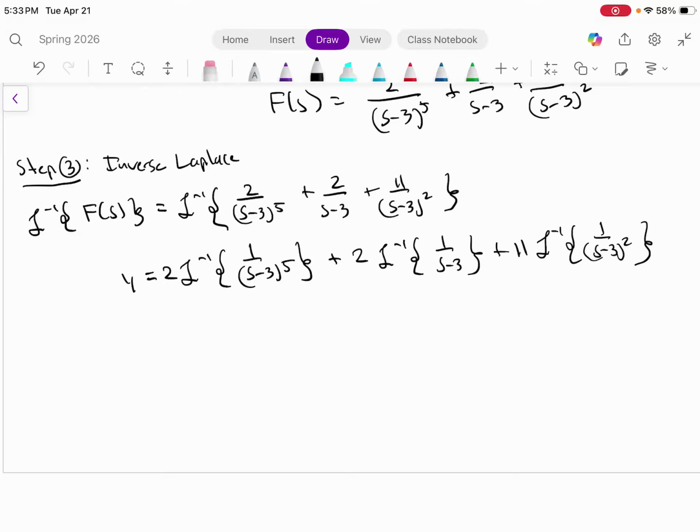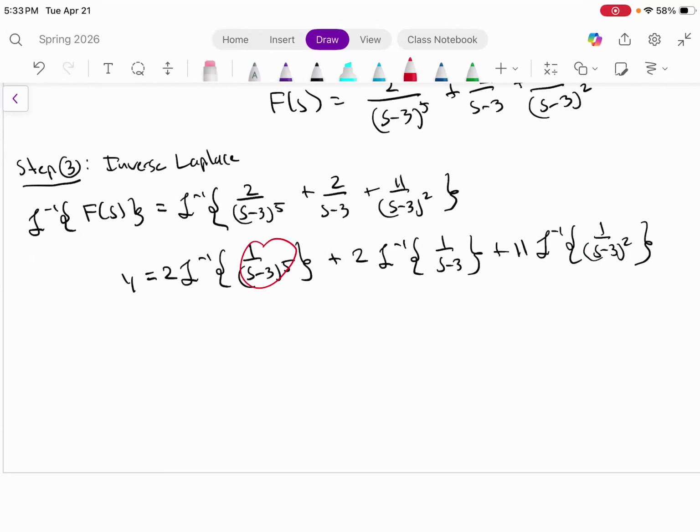This third term is okay. We don't really need to manipulate that at all. Same thing with 1 over s minus 3. But this first term, we need to manipulate a bit.